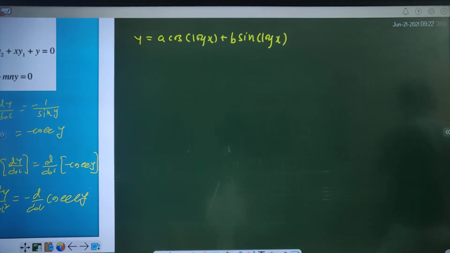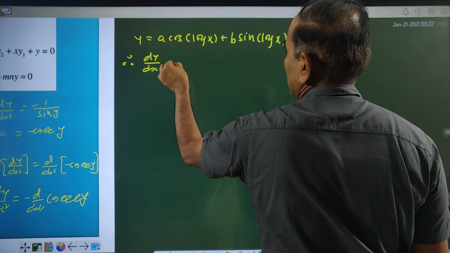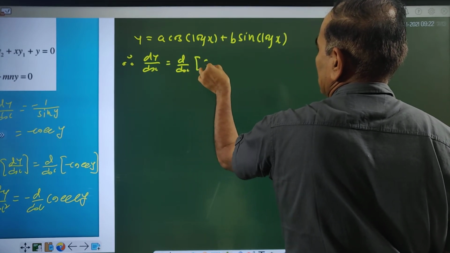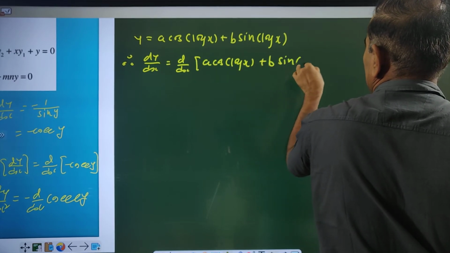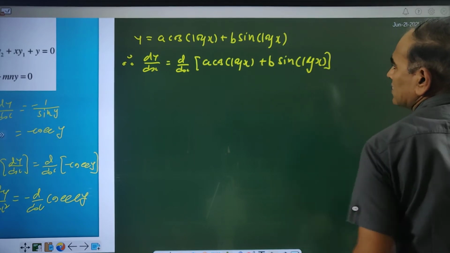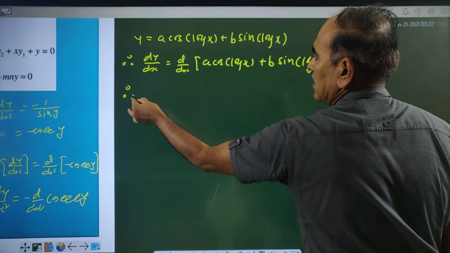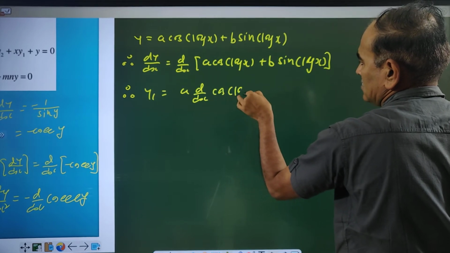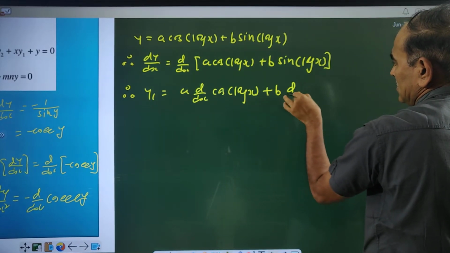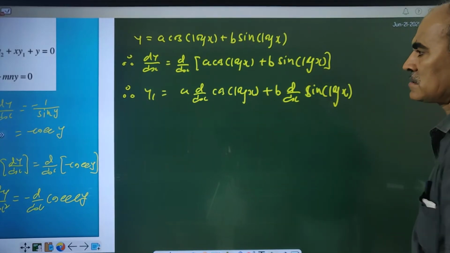Once again, we need to differentiate with respect to x on both sides. So what we get? dy by dx is equal to d by dx of a cos log x plus b sin log x. And here can I write it as y1? Yes. As a is a constant, take it outside: a d by dx of cos log x plus b, as it is, take it outside, d by dx of sin log x.